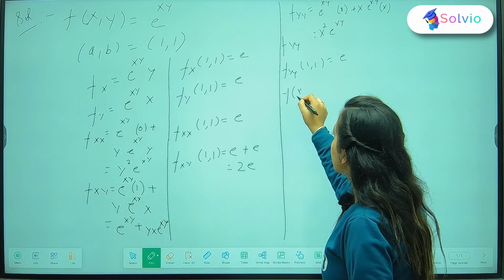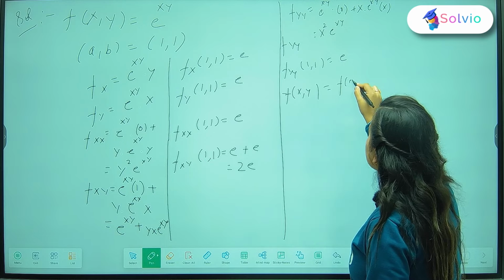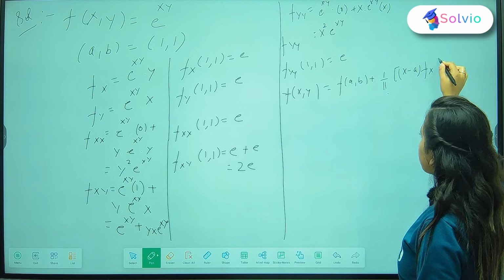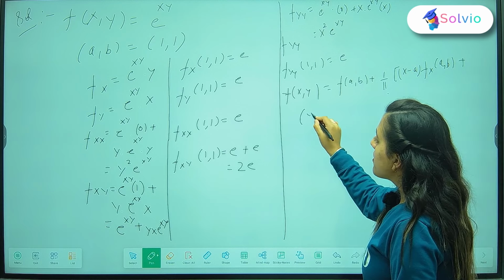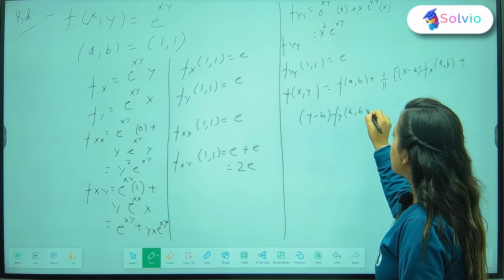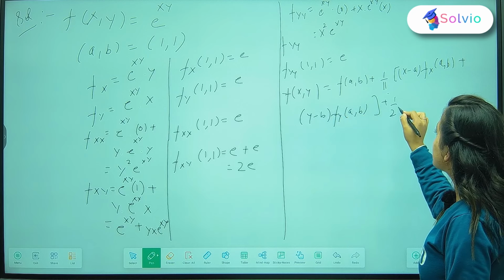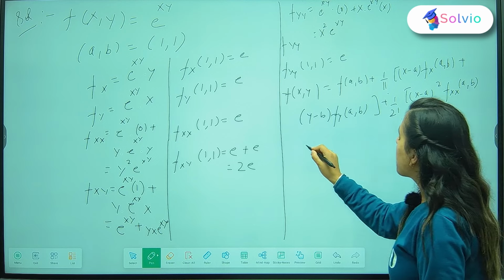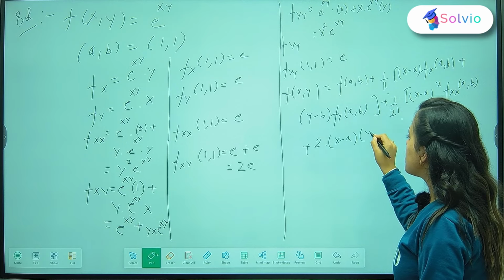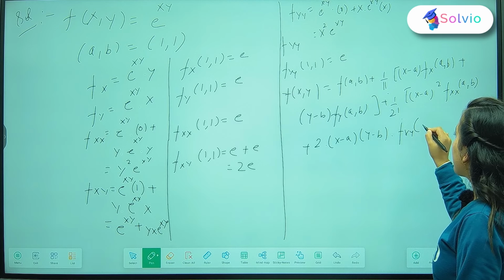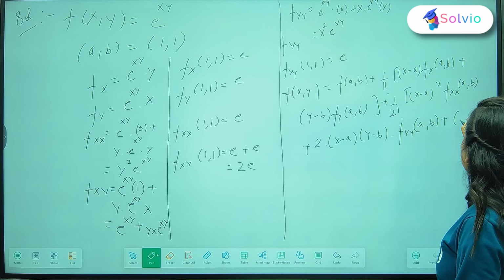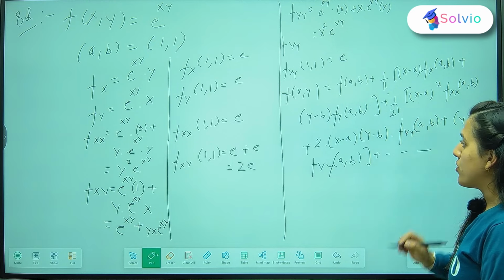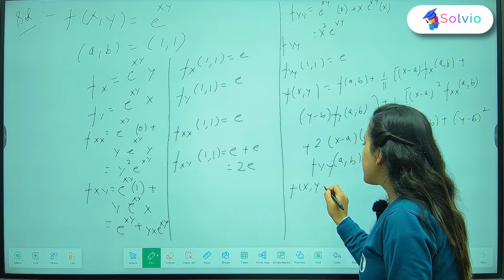So let's write the expansion: f of x comma y is equal to f of a comma b plus 1 upon 1 factorial times bracket x minus a into fx at a comma b plus y minus b times f of y at a comma b, bracket close, plus 1 upon 2 factorial times bracket x minus a whole square into fxx at a comma b plus twice of x minus a into y minus b times f of xy at point a comma b plus y minus b whole square f of yy at the same point a comma b, plus so on.